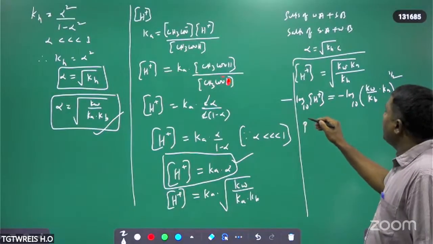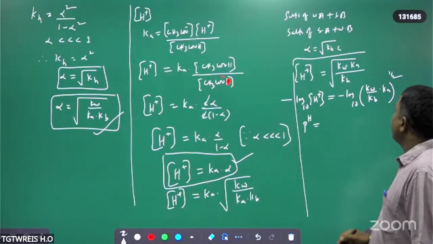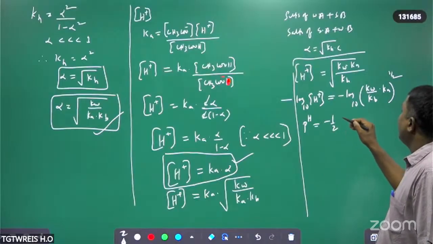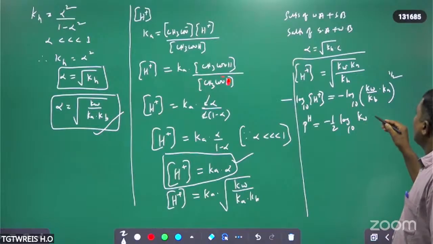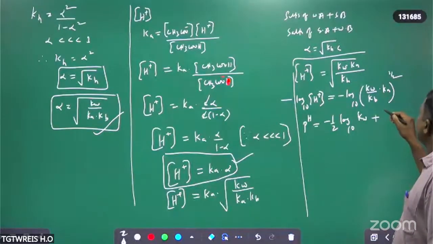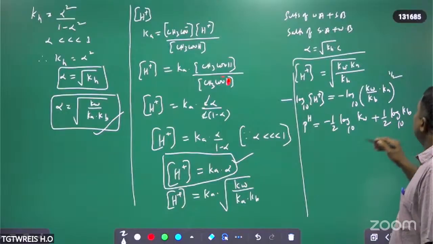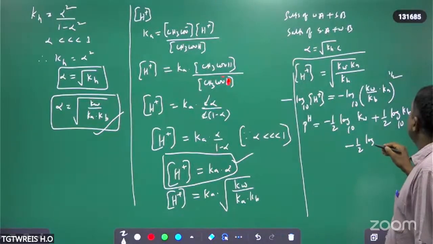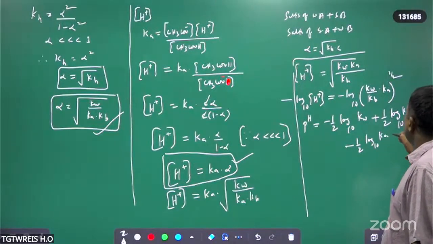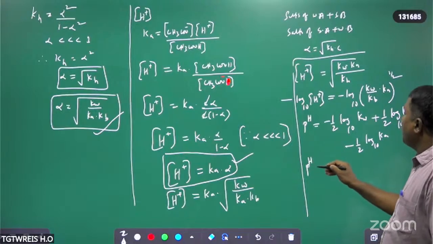Therefore pH is equal to minus 1 by 2 log base 10 Kw plus 1 by 2 log base 10 Kb minus 1 by 2 log base 10 Ka.